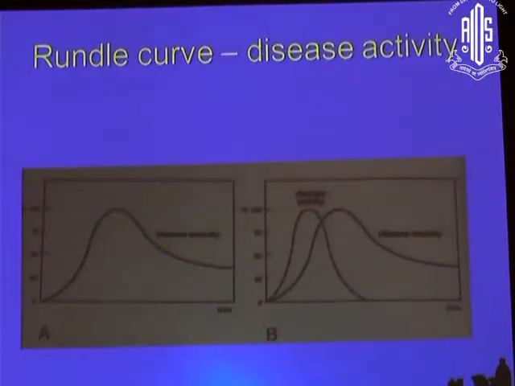Why is it important to know about the grade? Thyroid eye disease is a self-limiting disease in the majority of patients, but what they leave behind is what you're worried about. So the disease activity goes up and then drops down.